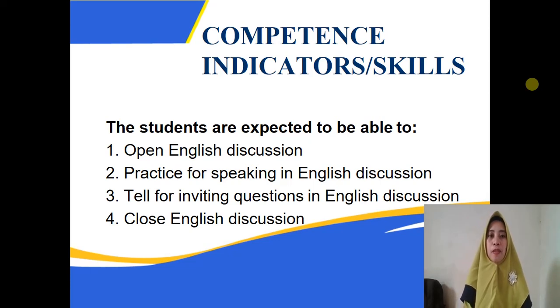And then the fourth goal, at the end of learning, the students are expected to be able to close English discussion. Remember the goals as the competence indicators or skills for the topic how to conduct a discussion.